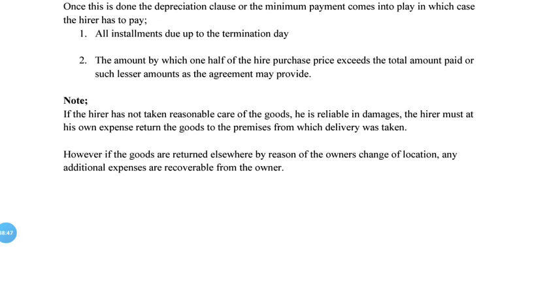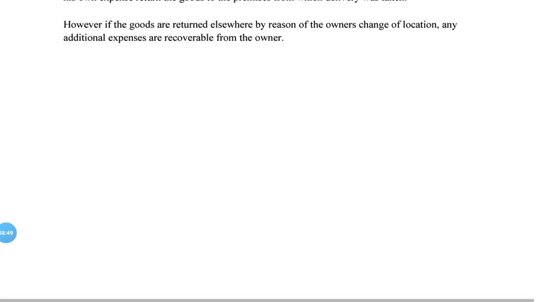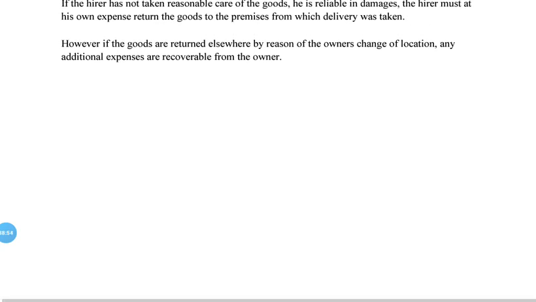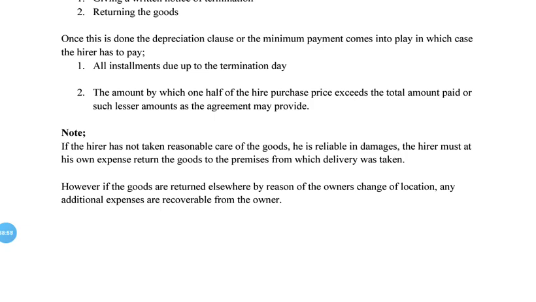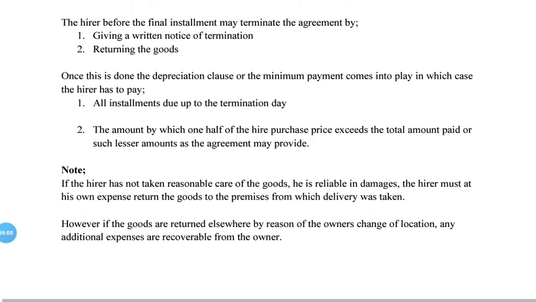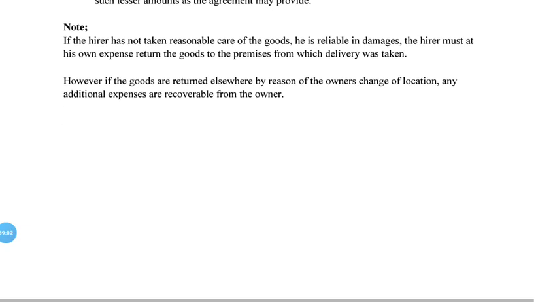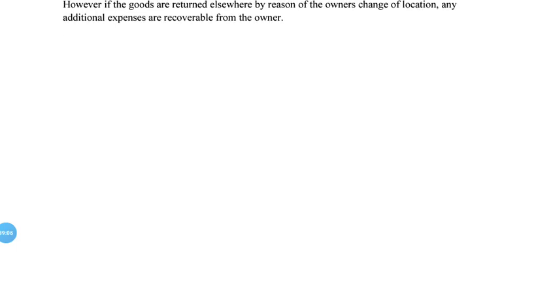So that marks the end of the contract of hire purchase. Remember, in this topic, the examiner may ask you to give the duties of the hirer and the duties of the owner, rights of the owner and the rights of the hirer, that is the buyer.